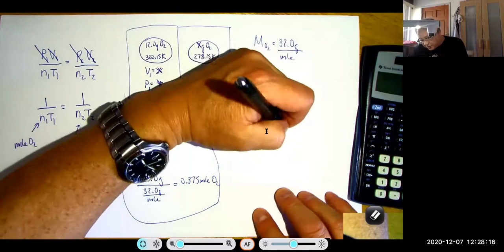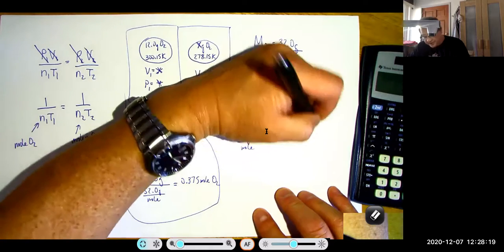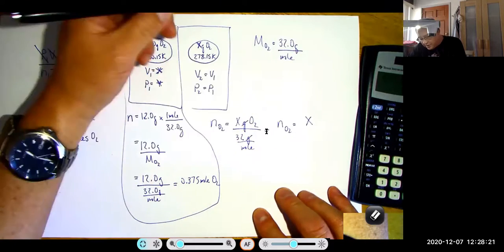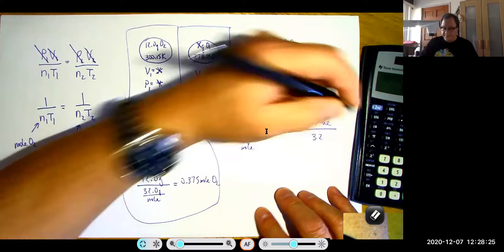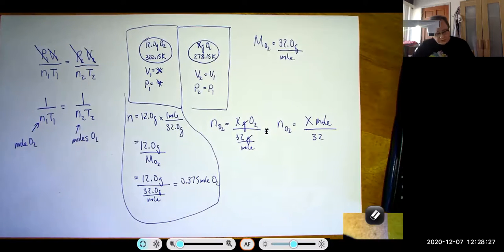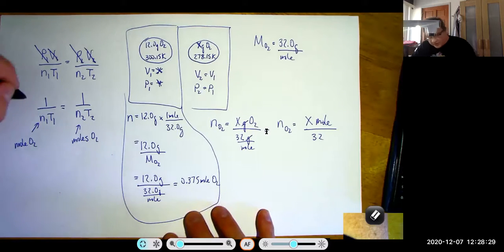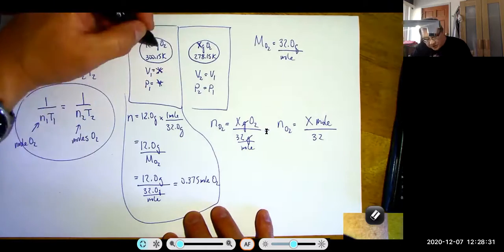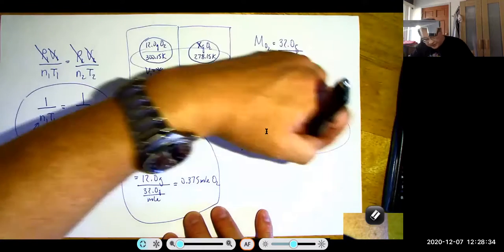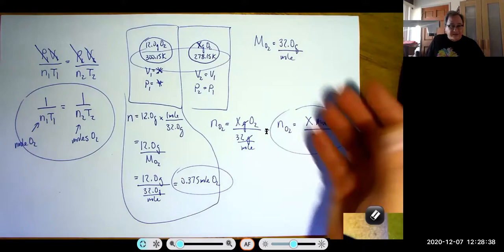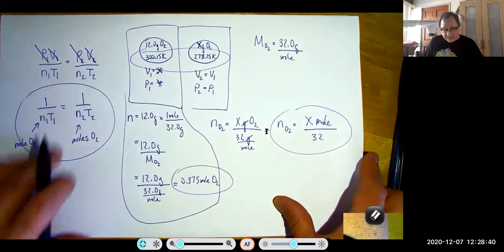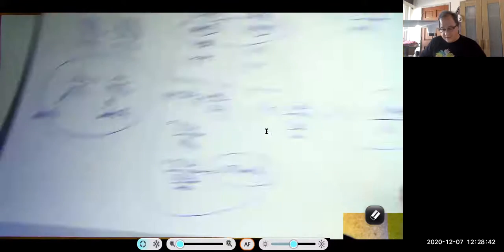The moles of O2 is equal to X, the grams cancel, moles per 32. Okay, so here I've got this equation, I've got these temperatures, and I've got these values here. So here you can see I've got stuff all over my sheet of paper. Let's gather it all together into one nice neat place.